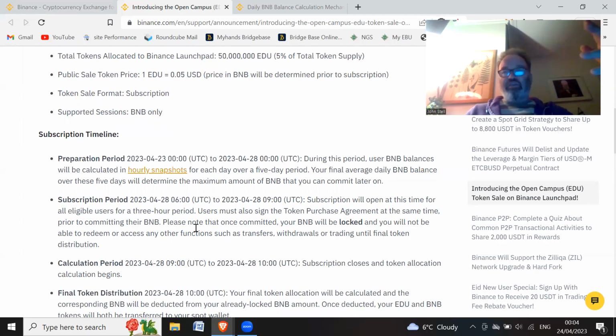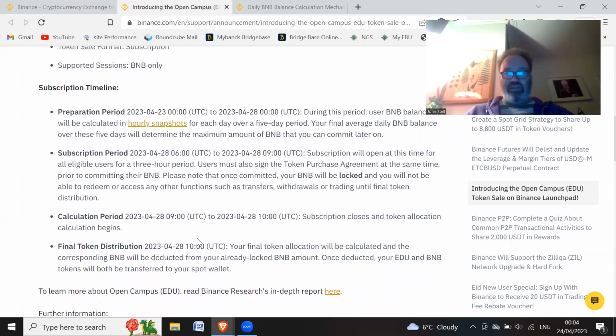What you do is you hand over your BNB effectively. They take out a small amount of BNB to buy the tokens and then give you them back, and give you BNB back as well. So you're not going to lose anything. And generally speaking, the token price will go up by about 8 times at least. So whatever you get, you do okay out of. It's a bit of a no-brainer in my opinion.